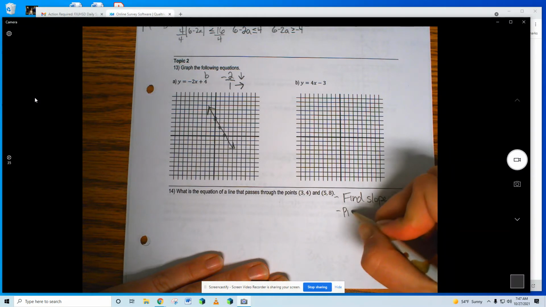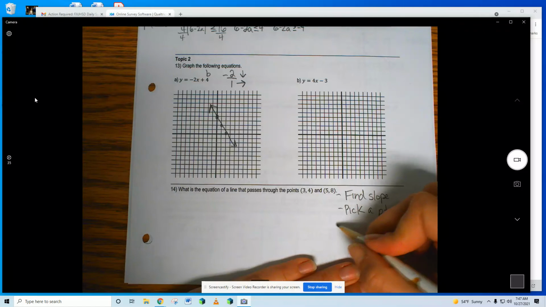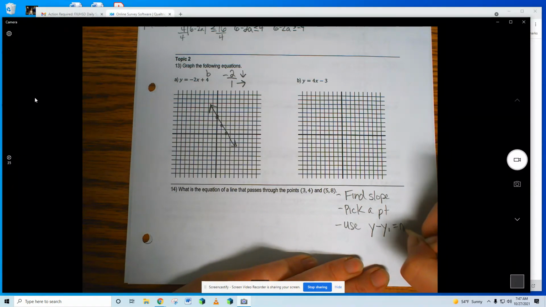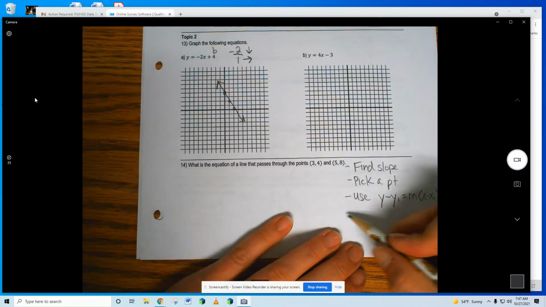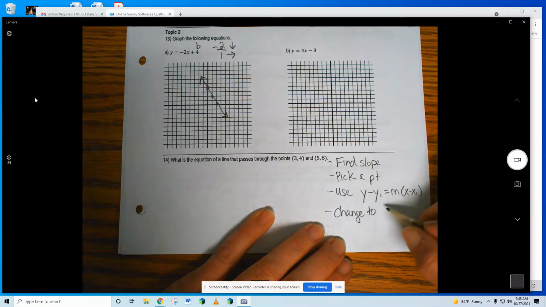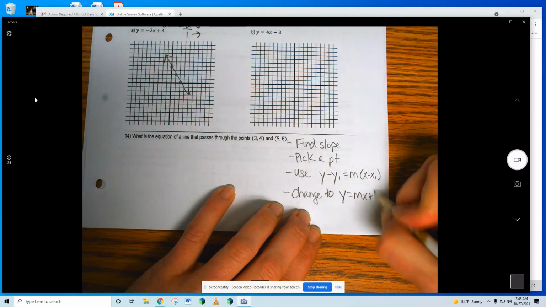Pick a point. Use y minus y1 equals m times x minus x1. And then change to y equals mx plus b.